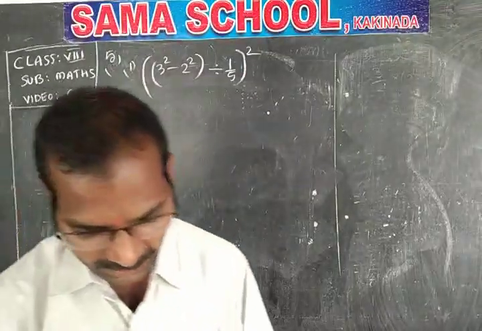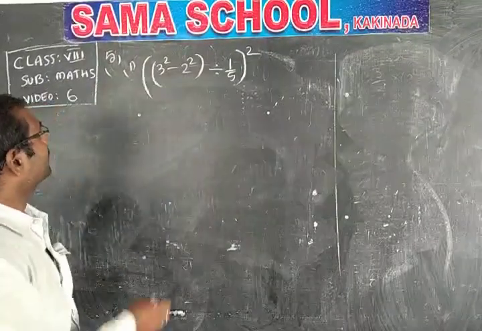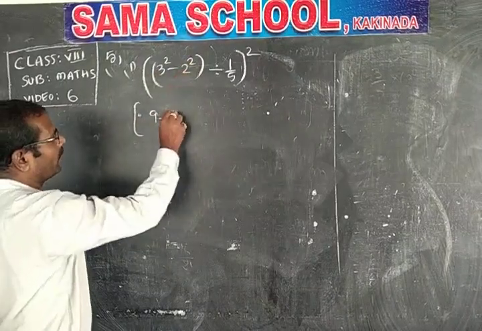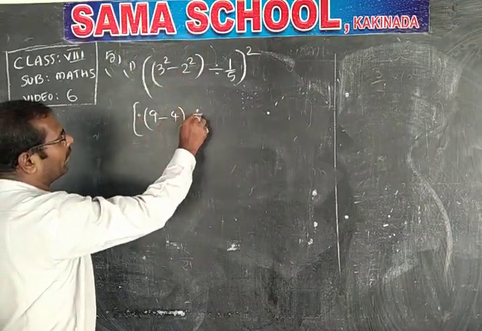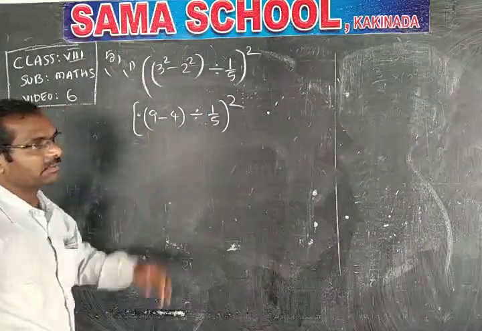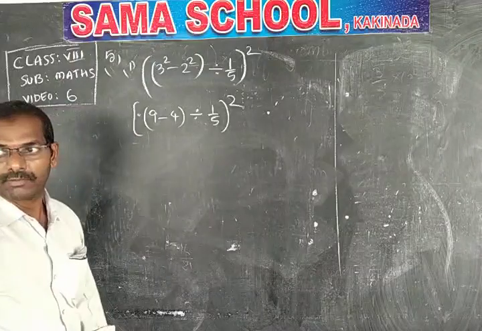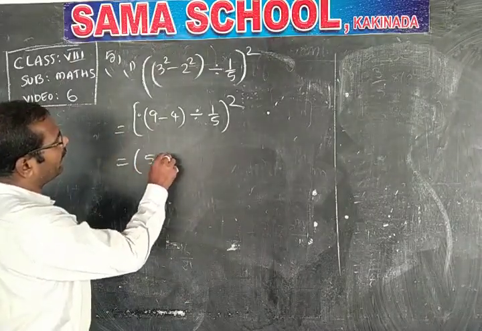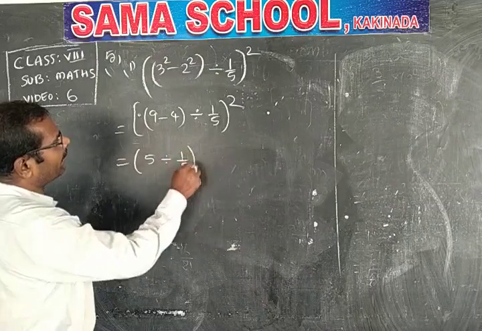What is the meaning? 3 power 2 means 9, 2 power 2 means 4, divided by (1/5) whole power 2. 9 minus 4 is 5 only.